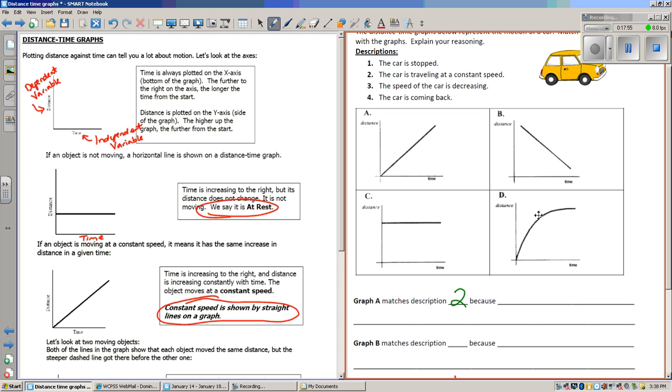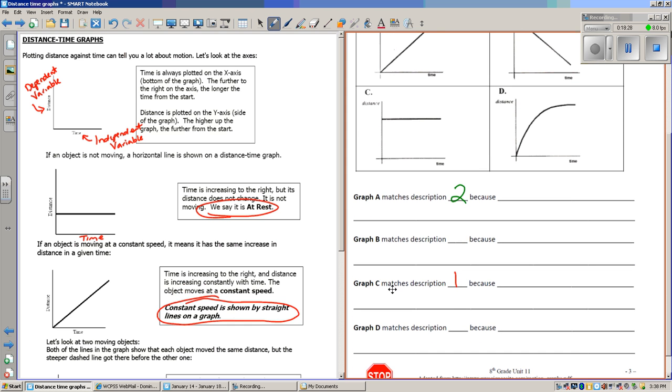Here's a steep line, and then it's gradually tapering off, going closer to being at rest, okay? So the car is quickly going fast, fast, fast, and then tapering off and getting slower and slower, almost to a standstill. So description 3, the speed of the car is decreasing, relates to graph D. So 3D. Let's put a 3 here.